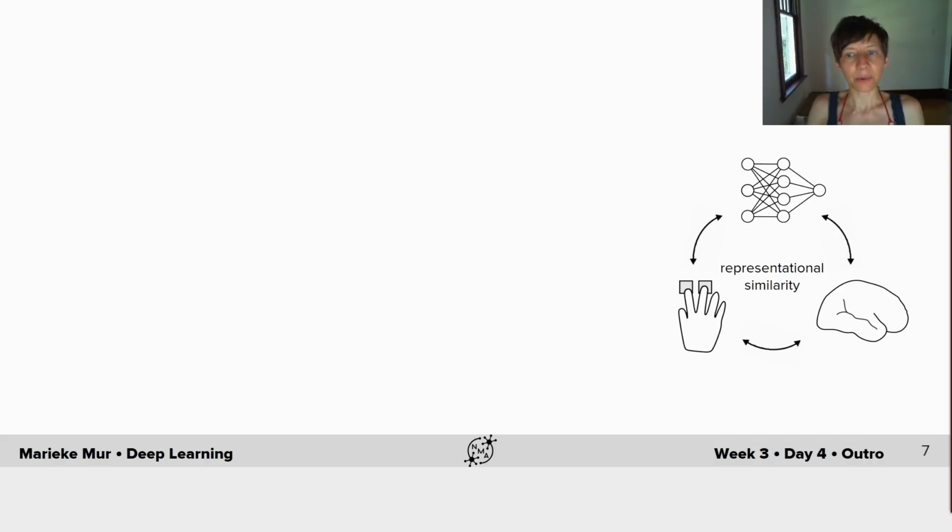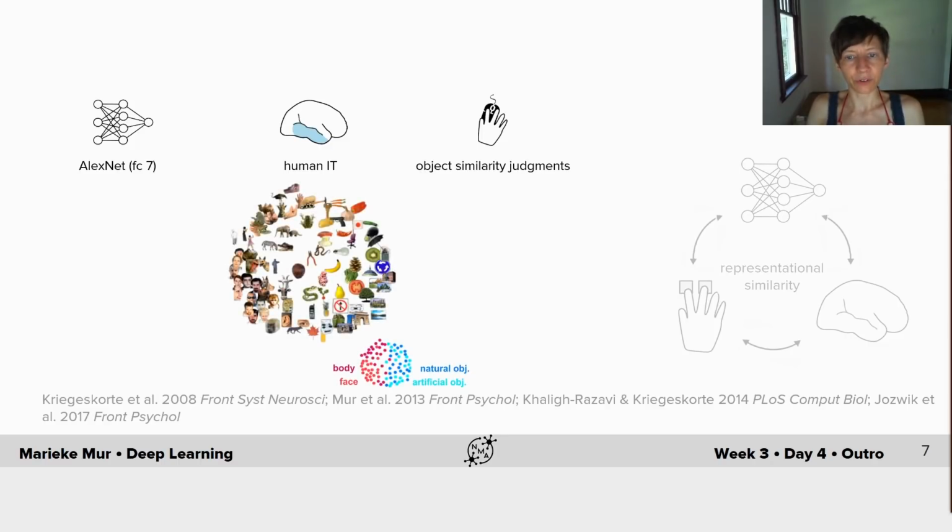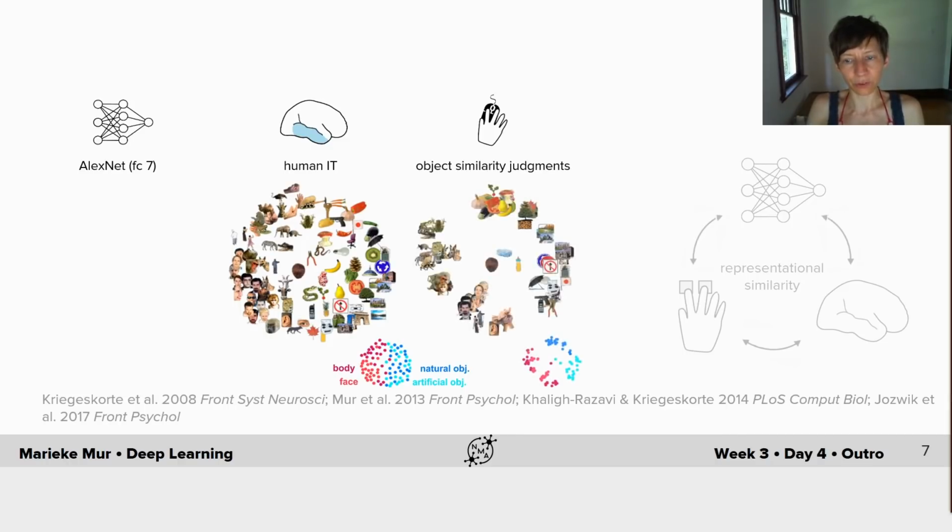Let's apply representational similarity analysis to our example of real-world object images. We already saw the human IT representation of these objects, plotted here with slightly different color coding for the MDS plot. In addition to the brain data, we also acquired similarity judgments for these objects shown here. Objects that are placed close together were perceived as similar. Objects that are placed further apart were perceived as different.